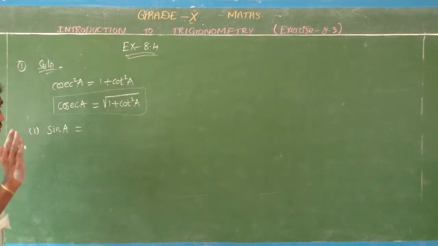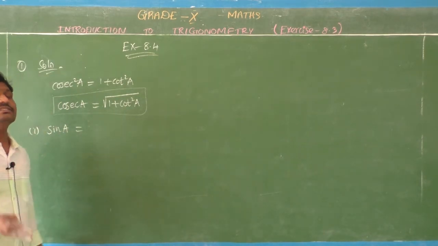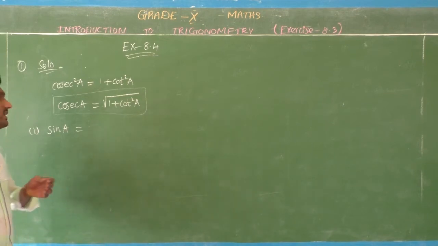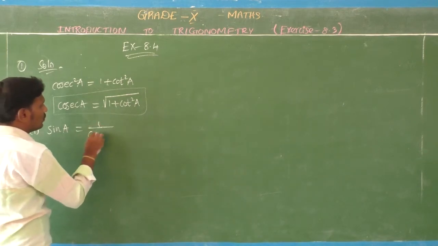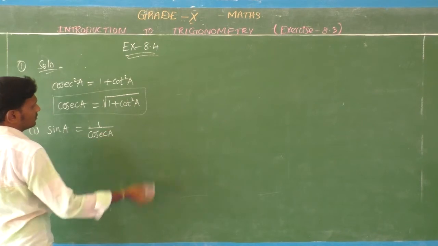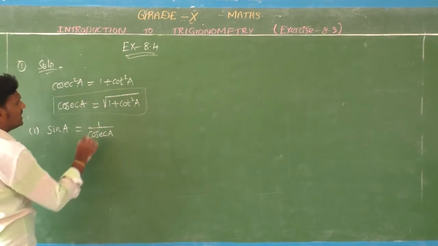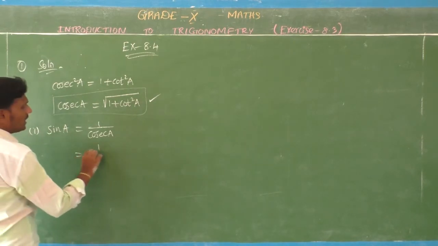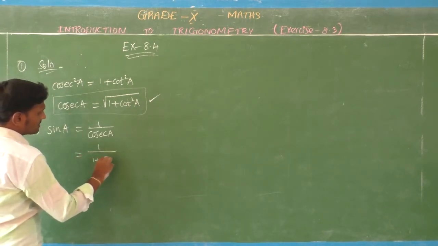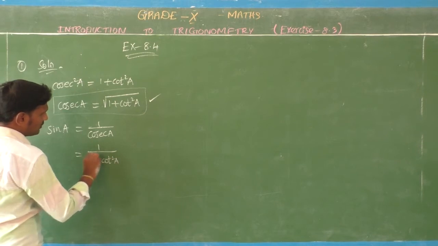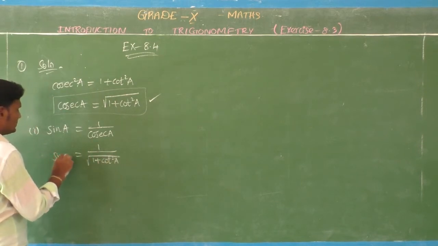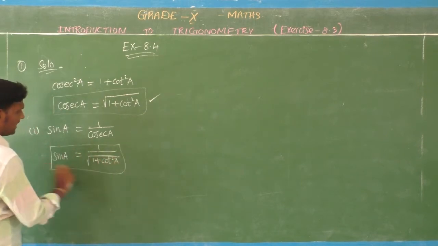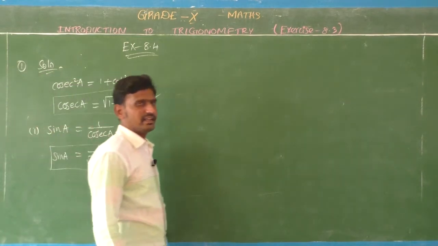Cosecant is the reciprocal of sin, and sin is the reciprocal of cosecant. So that's why I am giving you 1 by cosecant A. Now you already have the cosecant A formula, square root of 1 plus cot square A. So this is the value for sin A.